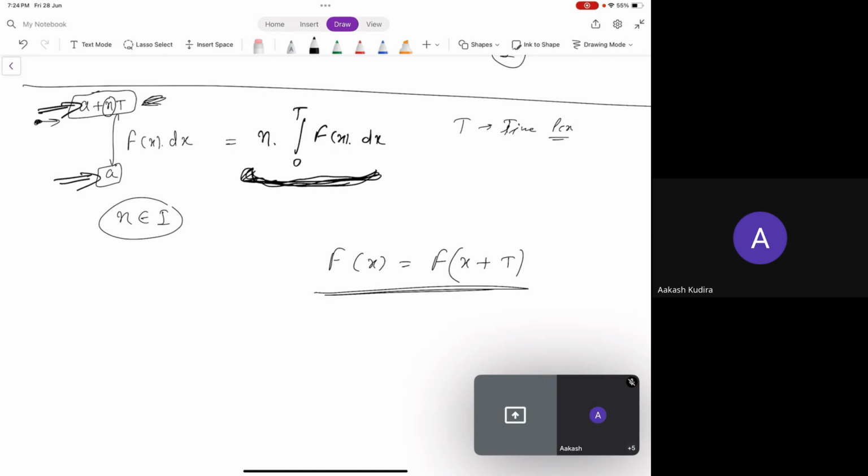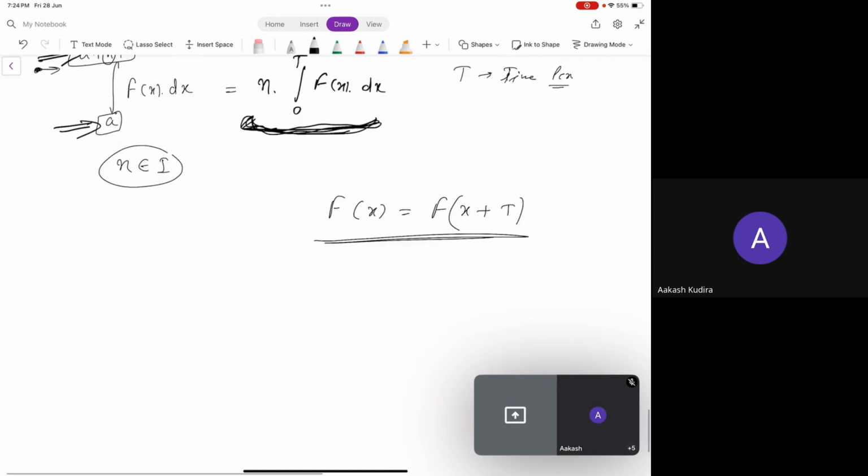Let me explain this with sin x, for example. We know very well that the time period of sin x is 2 pi. Correct? So the function f(x) has time period 2 pi.